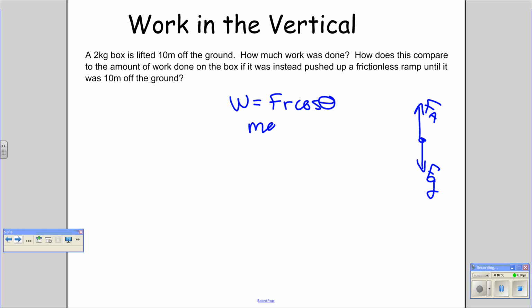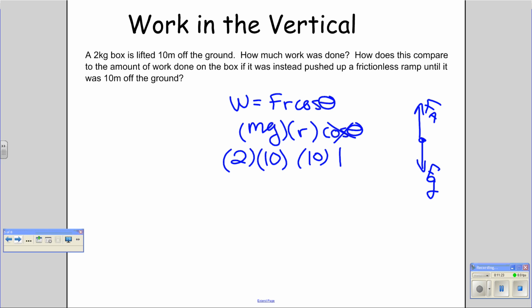So your mass times your gravity times the distance lifted times cosine of theta. In this case, cosine of theta is 1, distance lifted is 10, and it's a 2 kilogram box with acceleration of 10. So work equals 200 joules.